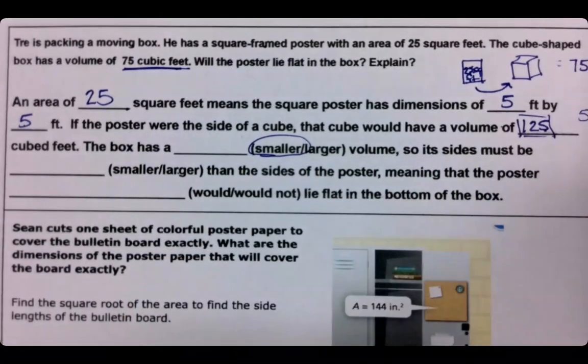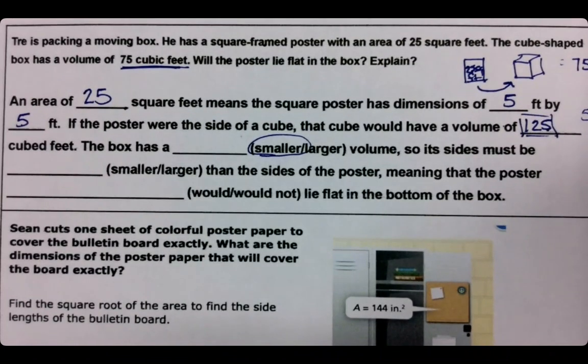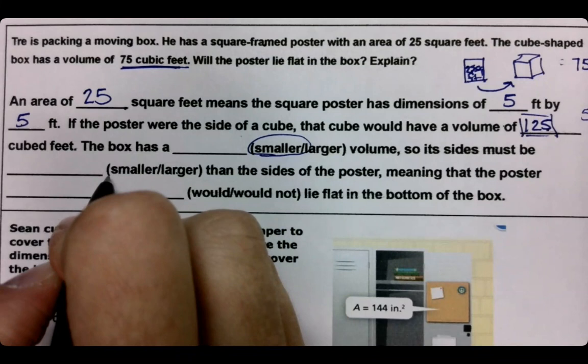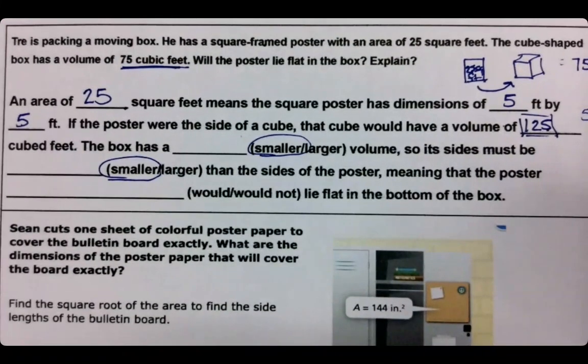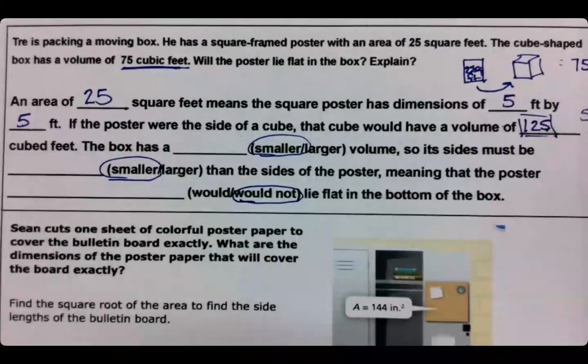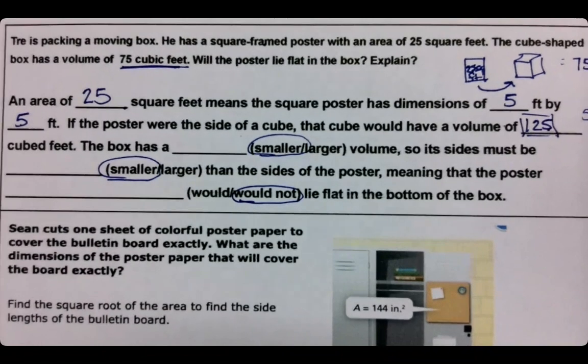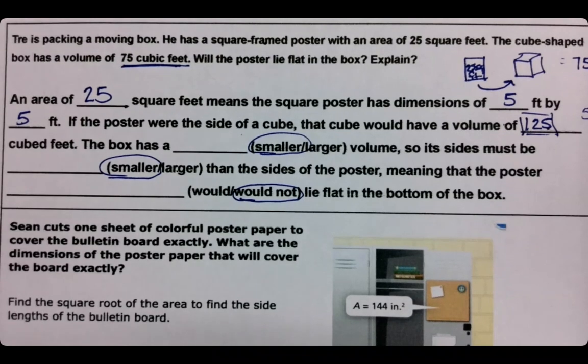It is smaller in volume, which means that its sides are also smaller than the sides of the poster, meaning the poster would not lie flat. Okay? So again, we're looking at the sides are 5 and the cube root of 75 would be smaller.